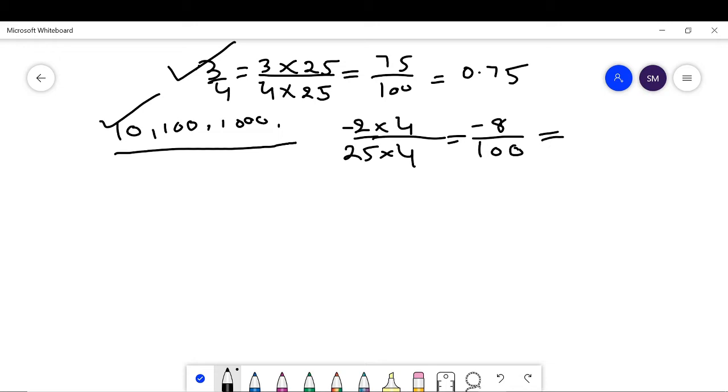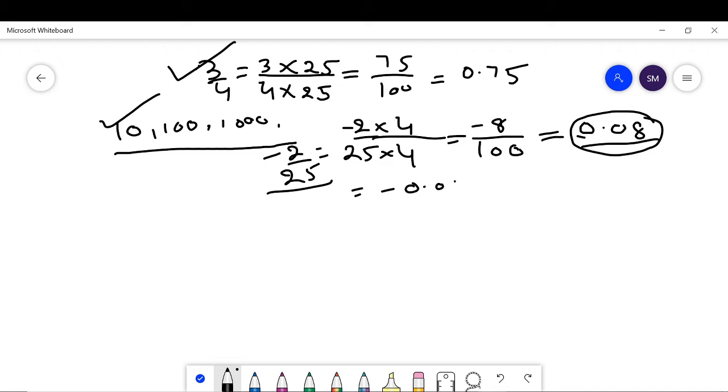How many zeros are in 100? 2 zeros. Then we need 2 digits after the decimal. But here 8 is a single digit, so we put a 0 to make 2 digits. Then this is 0.08. The rational number minus 2 upon 25 is represented in decimal form as minus 0.08.